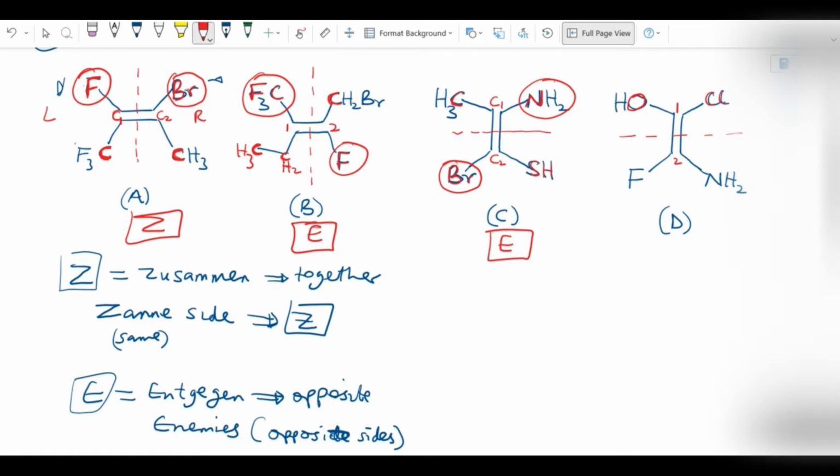Cl has a higher atomic number than oxygen, so we're going to make the Cl group the priority group. Of the two groups on carbon 2, fluorine has a higher atomic number, and so we'll make this the priority group. Because the priority groups here are opposite, this will also be E.